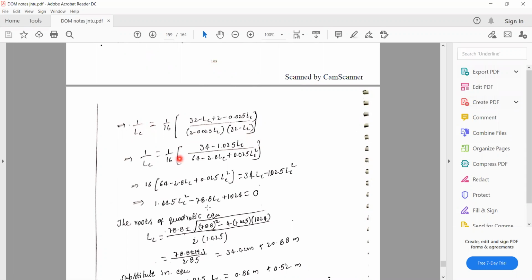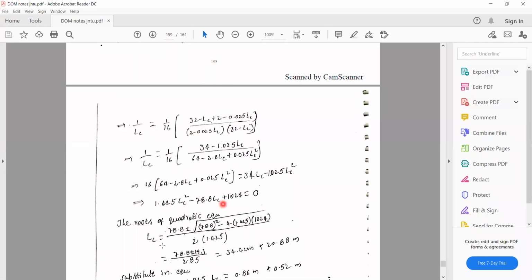Just observe that it is of the form x squared plus x plus c equals 0. When it is of this type, we have a formula for getting the variables.